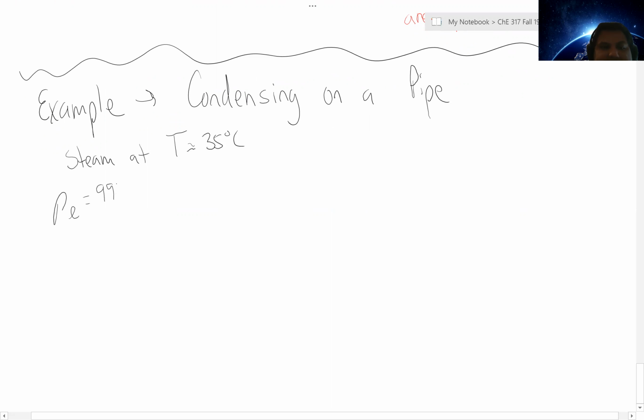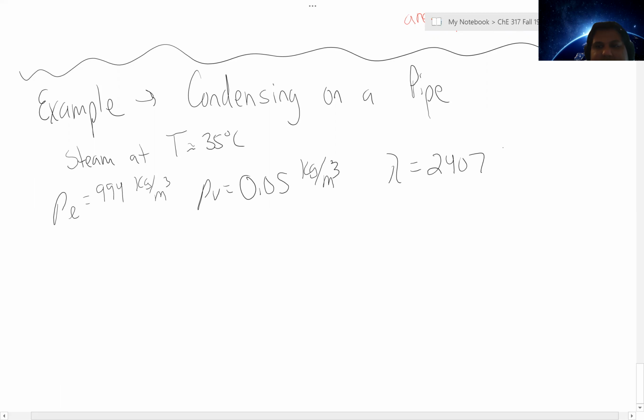It's about 994 kilograms per cubic meter. For this, we do need a vapor density, which is about 0.05 kilograms per cubic meter. The enthalpy of vaporization, lambda, is 2407 kilojoules per kilogram.